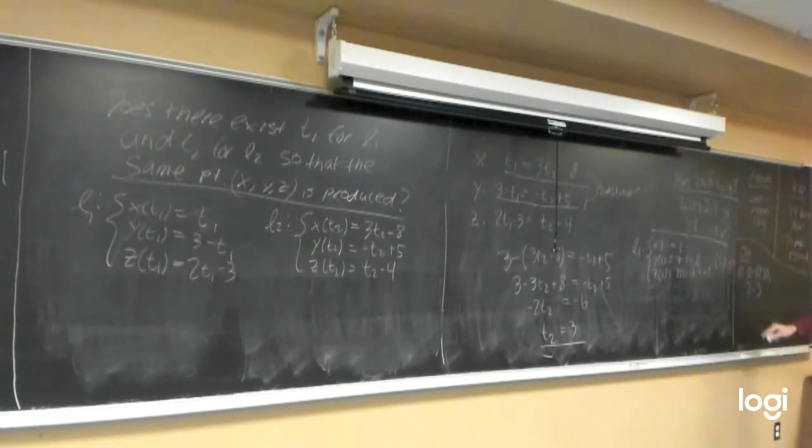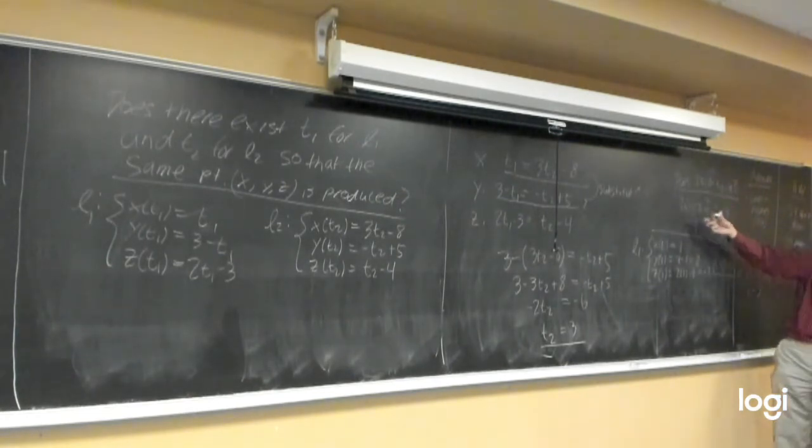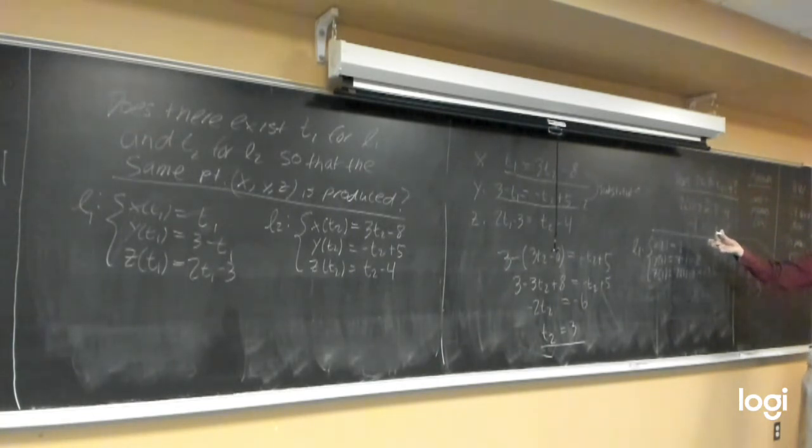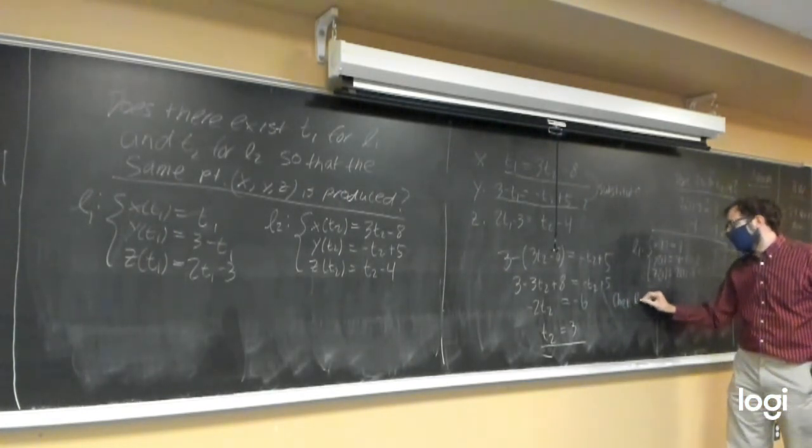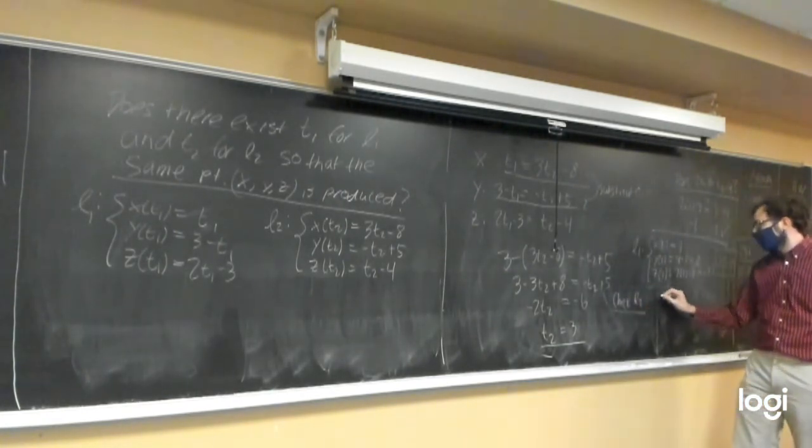And technically, we're done. We don't need to plug in t2 into L2 unless we want to check our work, because we already know from the work we did up till here that at t1 equals 1 and t2 equals 3, the two lines are going to produce the same point. But I think it's good to check with the second line, just to make sure we did everything correctly.